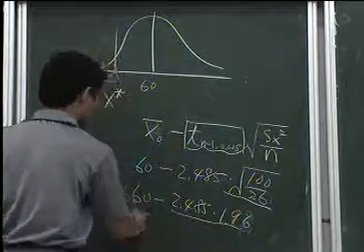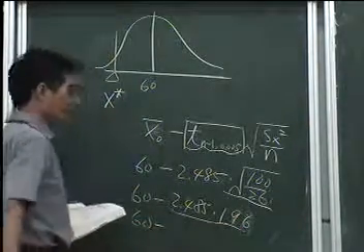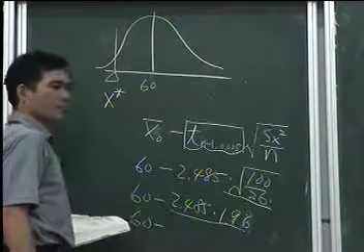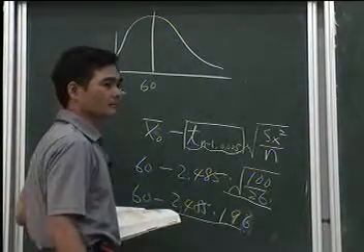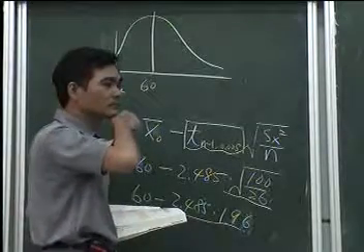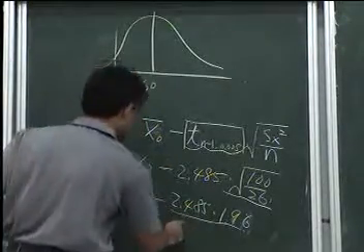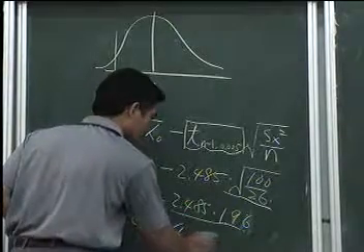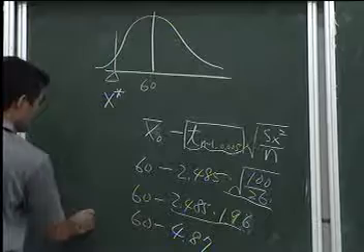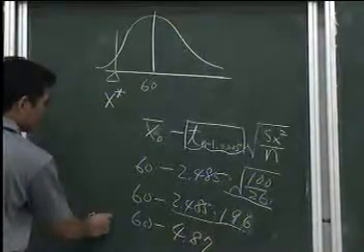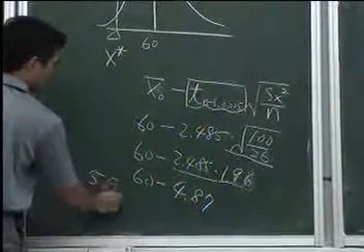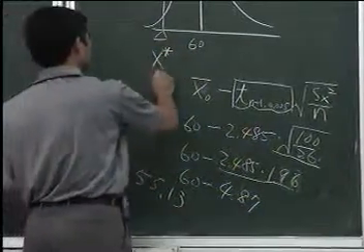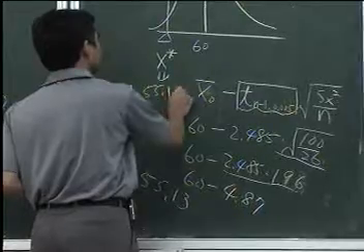Then what's the total number there? 4.86? Okay, good. So then you've got 55.13. So the critical value here should be equal to 55.13.